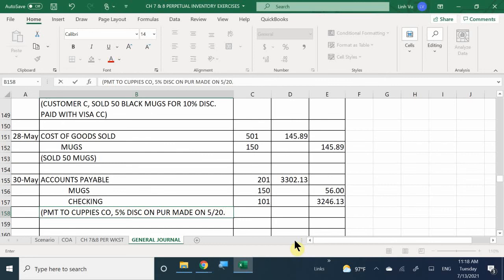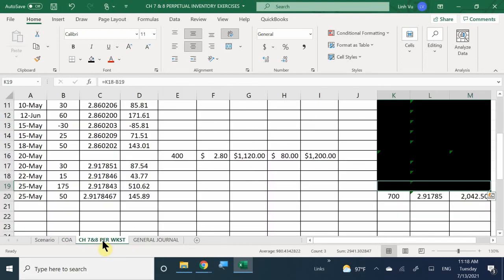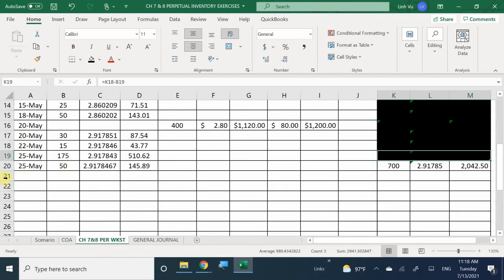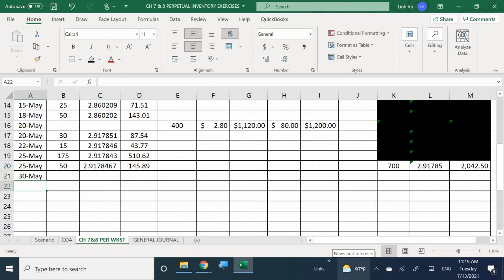And the check number, I used check number 201 to pay for all three bills. Now, because I took a discount, I also have to do one last thing, because I didn't pay for the batch in full. I paid for the discounted amount. So I'm going to add in my last thing here, which is May 30th, right?